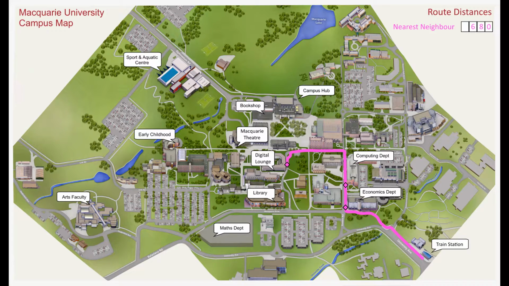Then the next nearest locations in order are the library, 100 meters, the maths department, 230 meters, Macquarie Lecture Theatre, 300 meters, Early Childhood Institute, 160 meters, the Co-op Bookshop, 400 meters, the Campus Hub, 100 meters, the Sport and Aquatics Centre, 350 meters.